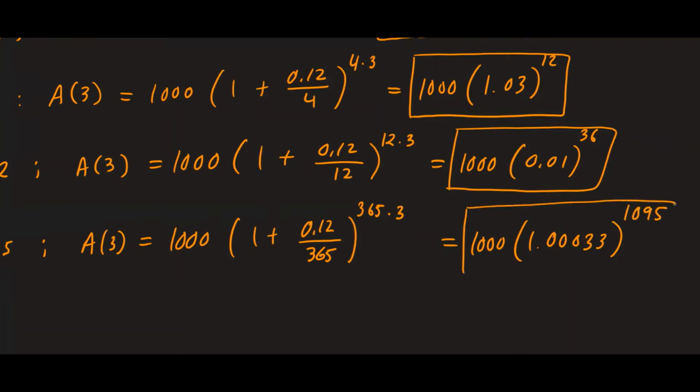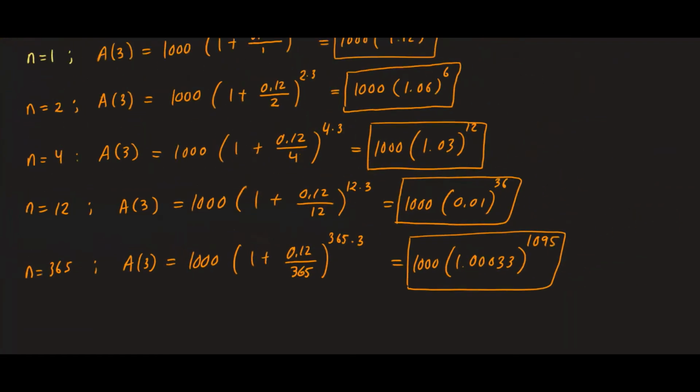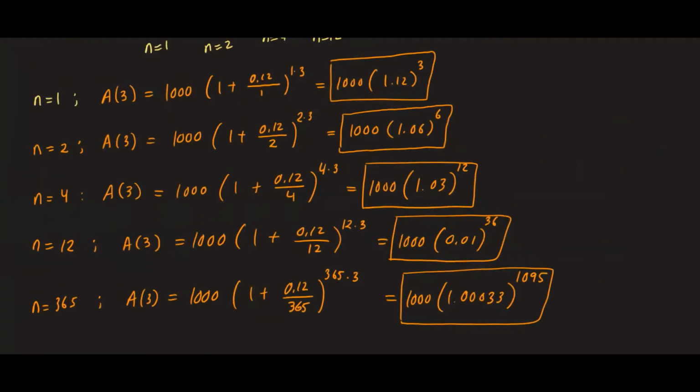So you can see if you actually take this further and put all of these numbers in a calculator, you'll see that if you invest it every day, it will be much greater than having it invested once a year or twice a year or 4 times a year or 12 times a year.